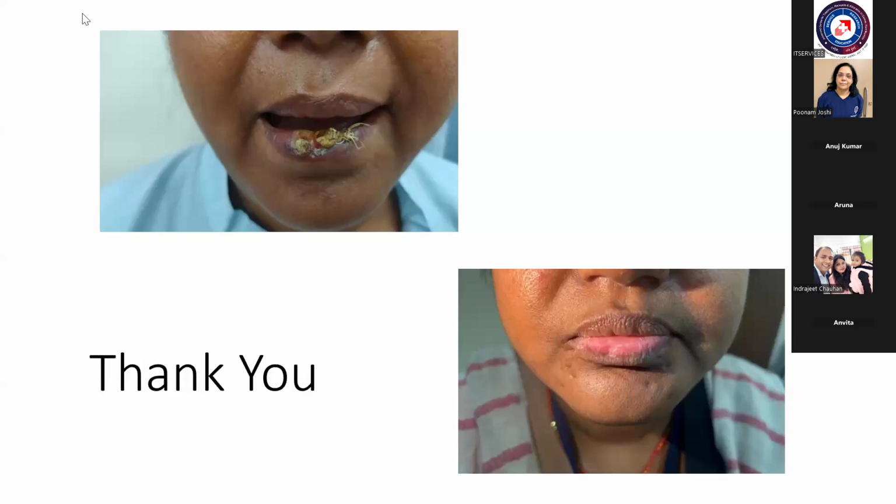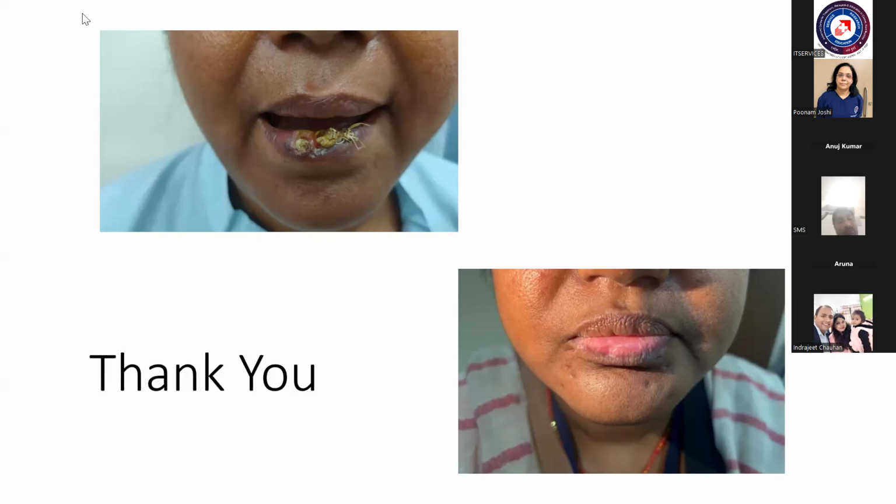And when you have lesions which are approaching the angle of mouth or the commissure, it is always better that with brachytherapy, the cosmetic outcome as well as the control is going to be excellent. We just have to make sure that the patient is node negative. And if the patient is node negative, brachytherapy alone, like I told, if you give a good 52 gray in 13 fractions, that should be sufficient for an excellent local control.